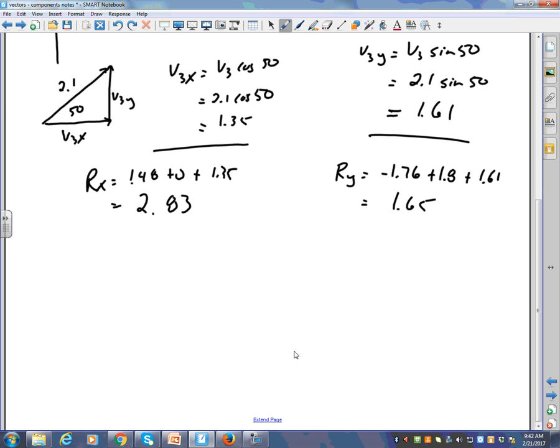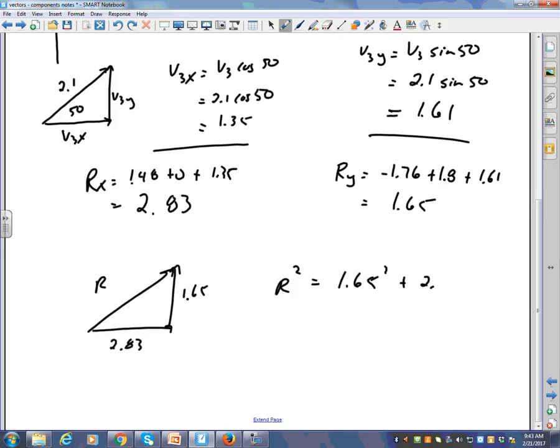And then draw your picture together. So 2.83 is going to be our x, and our y is going to be 1.65. There's our resultant. R squared is going to be 1.65 squared plus 2.83 squared. R equals, you should be able to do that straight on your calculator.